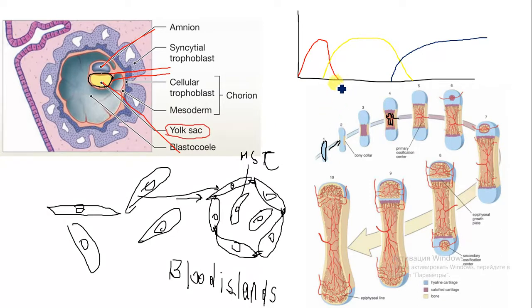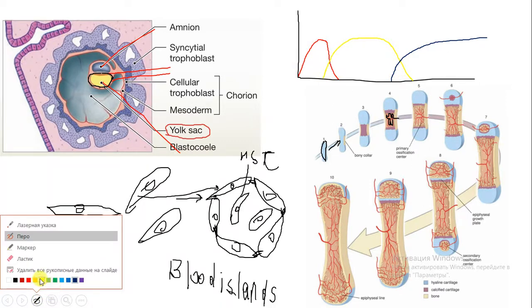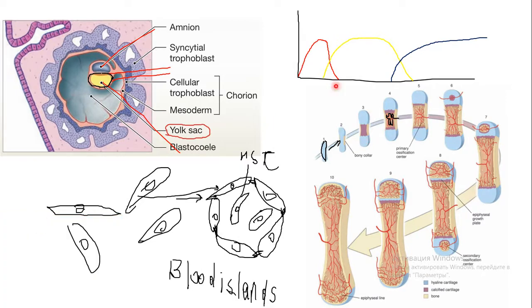So that's why we can't say exact dates when one phase is over and the next starts. But approximately we can say that the yolk sac phase is present only until the end of the embryonic period, when the yolk sac shrinks.